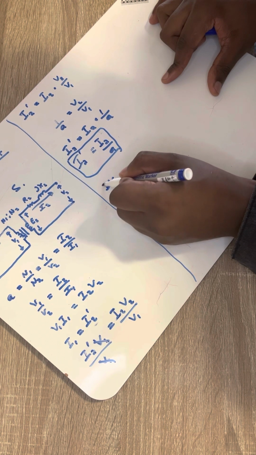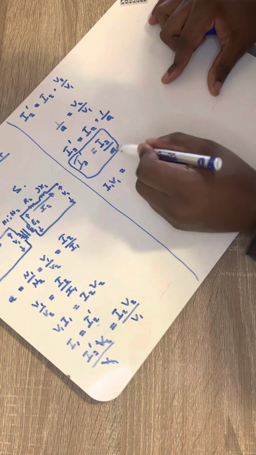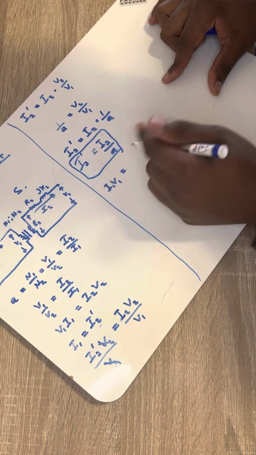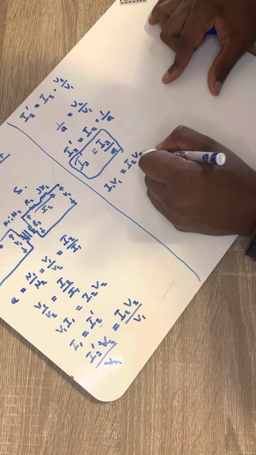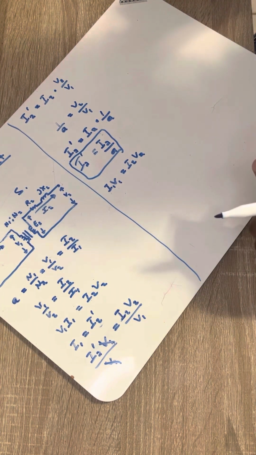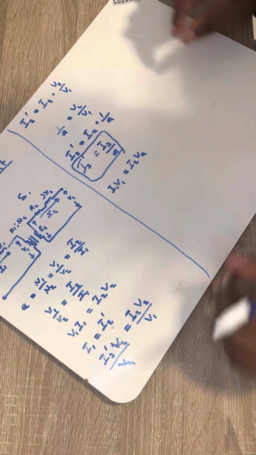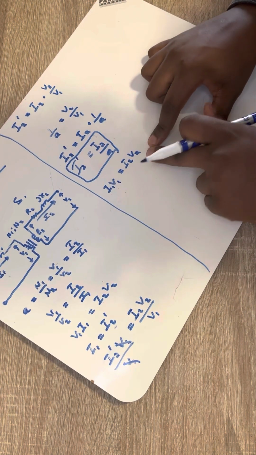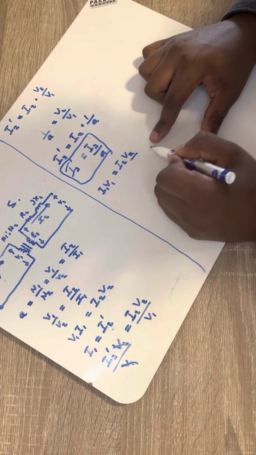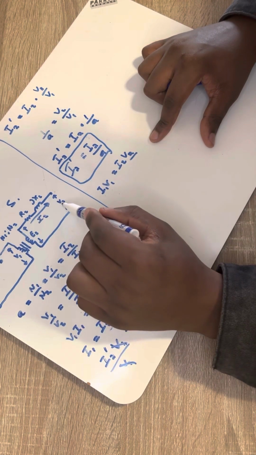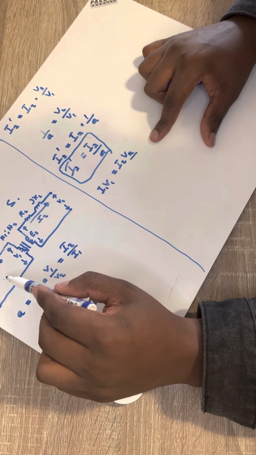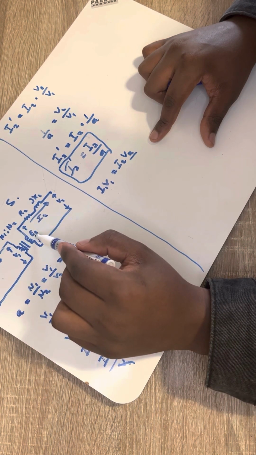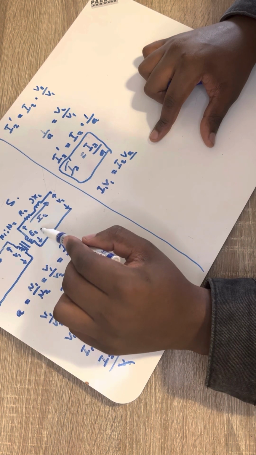Let's say I1 V1 equals, from the ratio of the transformer, I2 V2. The same principle works here as well. So if we want to refer V2 to the primary side, let's say in this case, this V2.